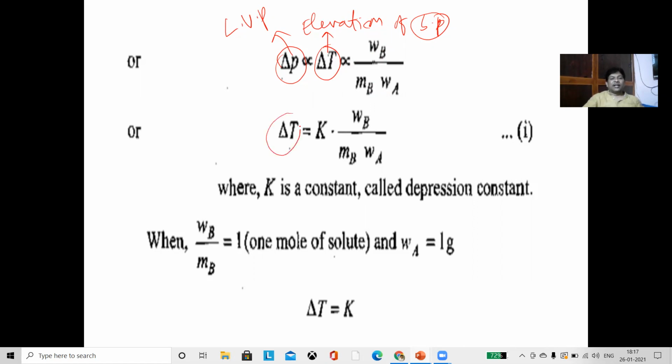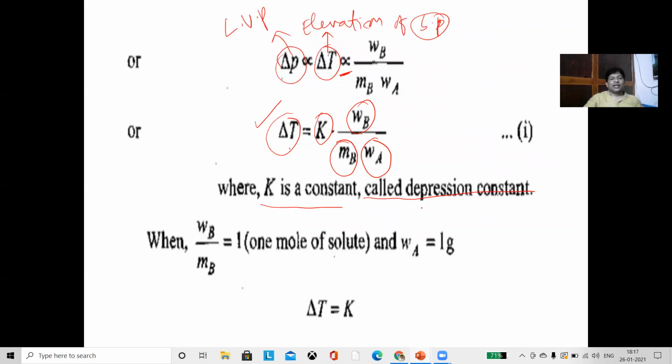Therefore, delta T is equal to K into WB, weight of solute, by gram molecular weight of solute into WA, weight of solvent, where K is the proportionality constant.